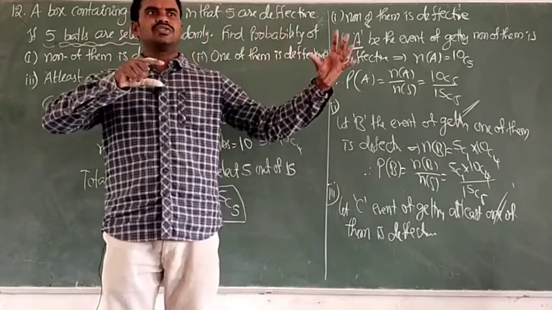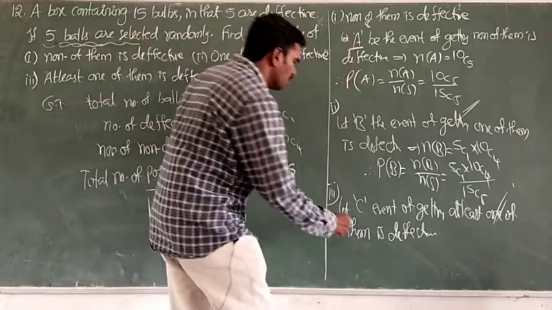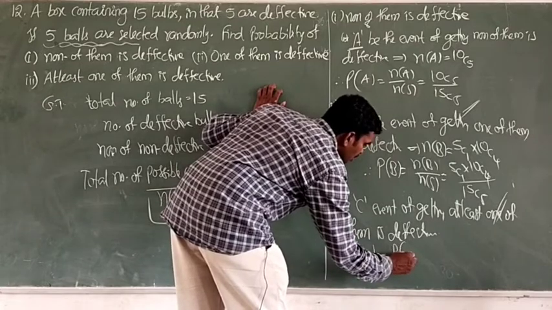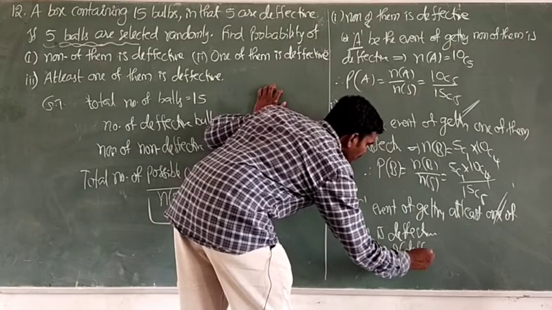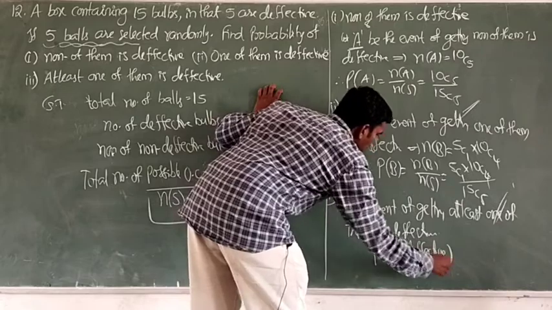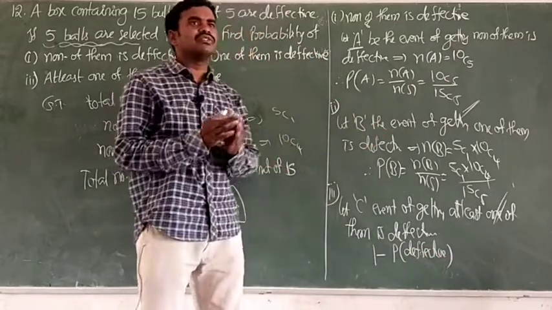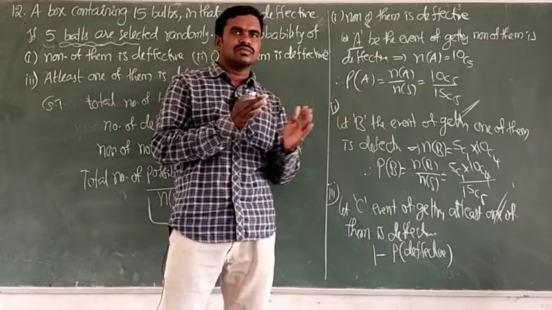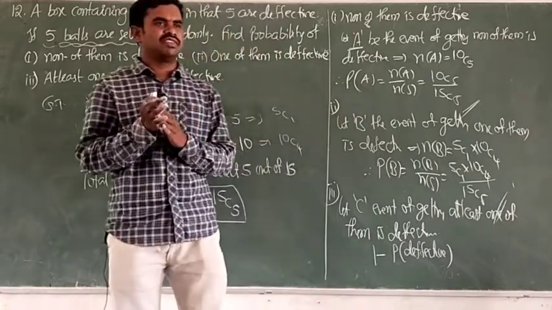Instead of doing all that, we simply take the probability as 1 minus the probability of all defective. Okay? Because all defective and at least one defective are complementary events.